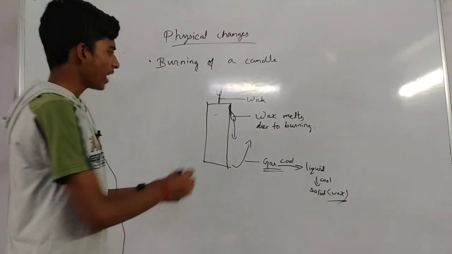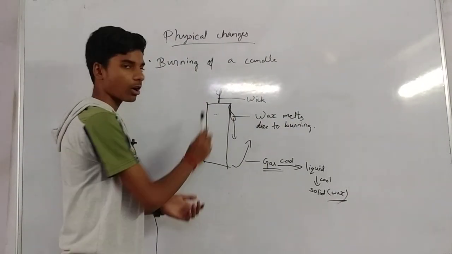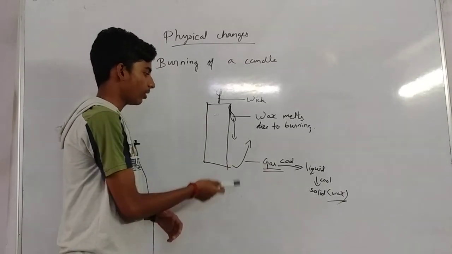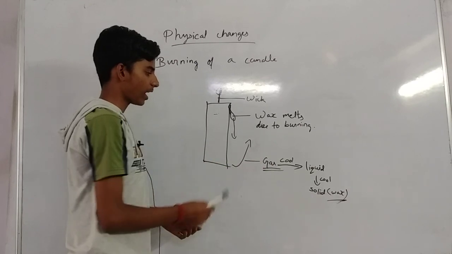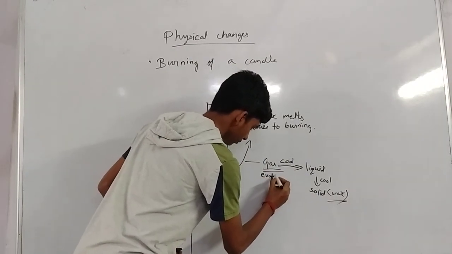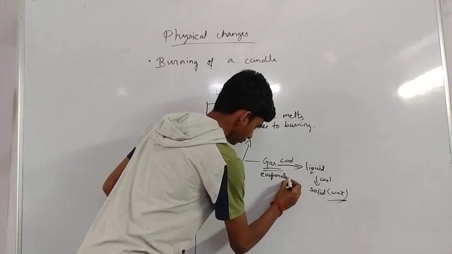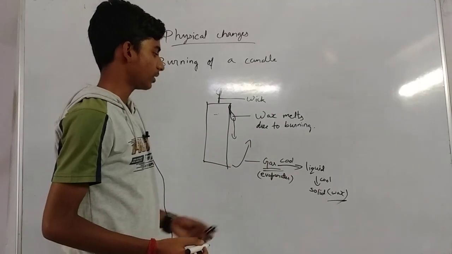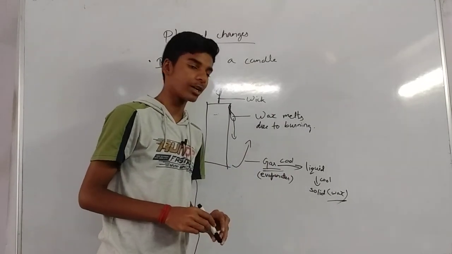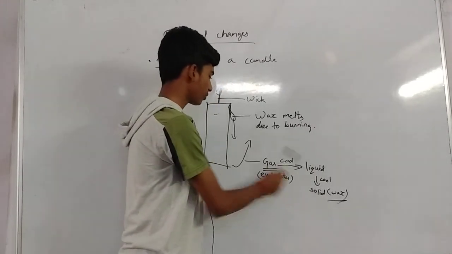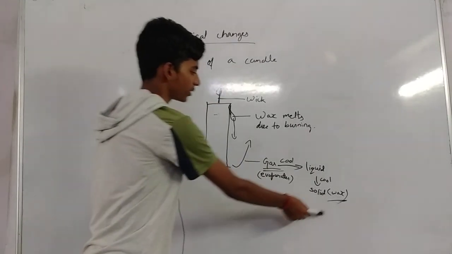So the wax changes from solid, on burning to liquid, and on further burning to gas, it evaporates. Further cooling, it will again form into liquid, and on further cooling the liquid, it will again turn into solid, that is wax.